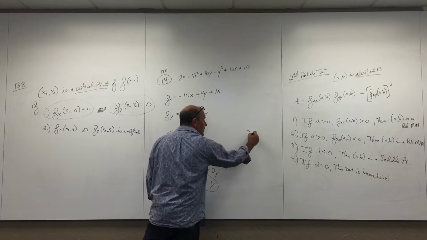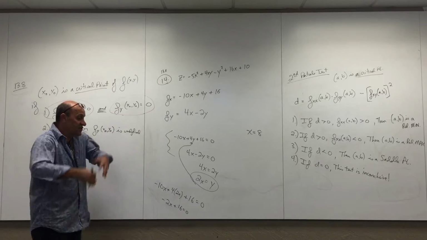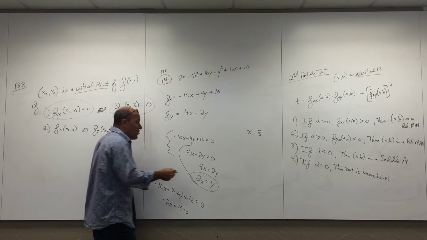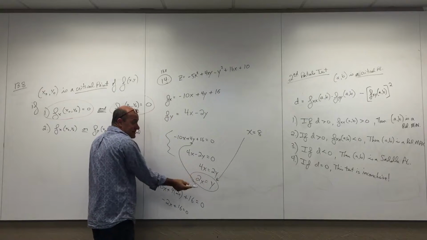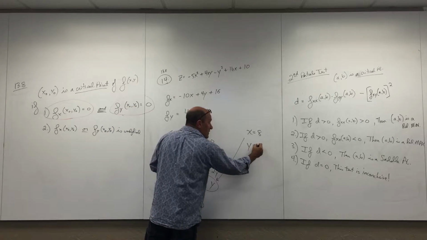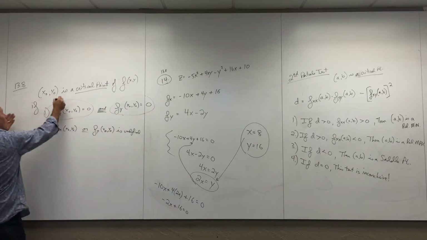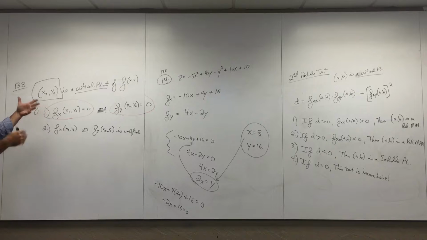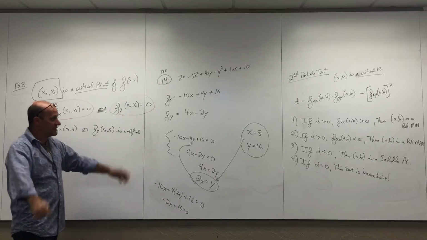Sorry, I got myself into a corner there. x equals 8. That's just the x value. You could go back to this equation: when x is 8, y is 16. They go together. These critical points are ordered pairs from the domain of the function, so it's really one point, (8, 16).